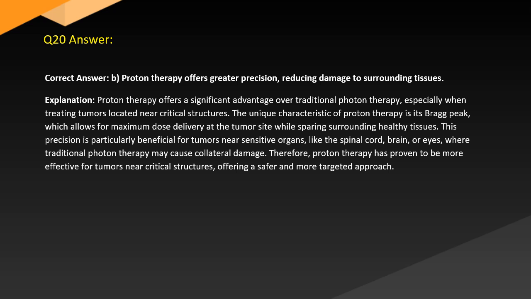This precision is particularly beneficial for tumors near sensitive organs like the spinal cord, brain, or eyes, where traditional photon therapy may cause collateral damage. Therefore, proton therapy is proven to be more effective for tumors near critical structures, offering a safer and more targeted approach.